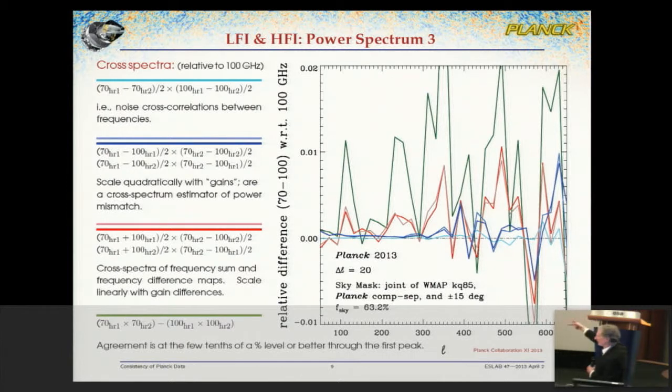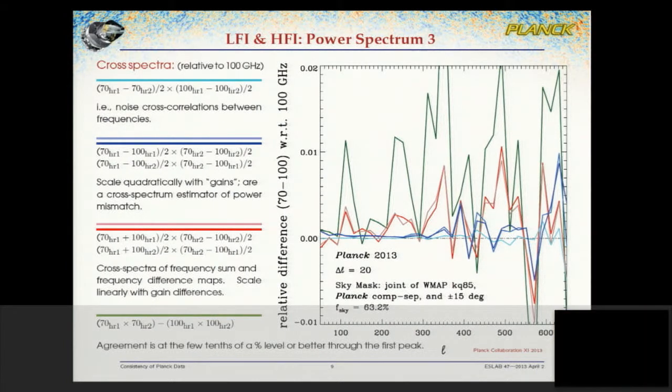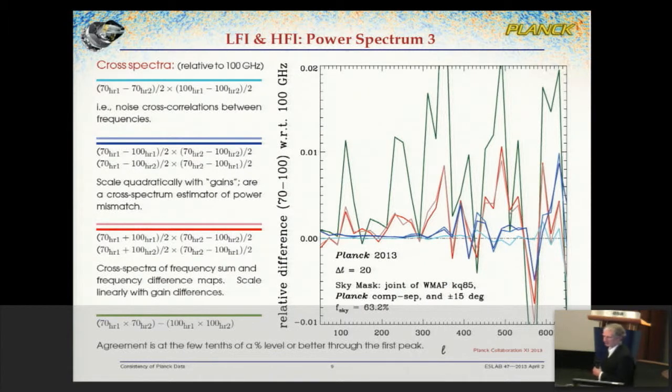It refers to the map: the 70 gigahertz map, the half ring first half and half ring second half at 70 gigahertz, and the half ring first half and second half at 100 gigahertz. So for every ring, you take the first half, you take the second half. Make the maps separately. This is so that you only have cross spectra, no noise bias.